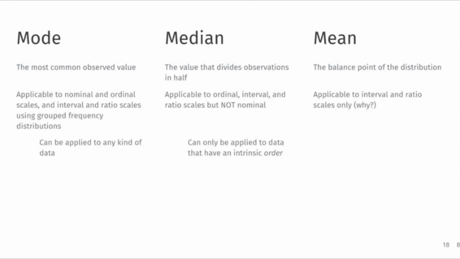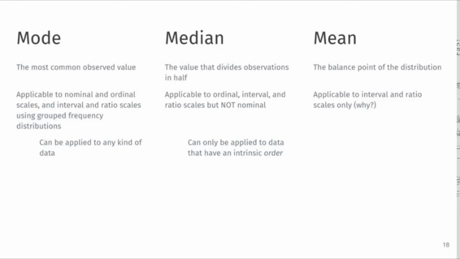Last time we talked about how the mode can be applied to any kind of data. For nominal and ordinal scales, because those are qualitative scales, there's always going to be a most frequent value.